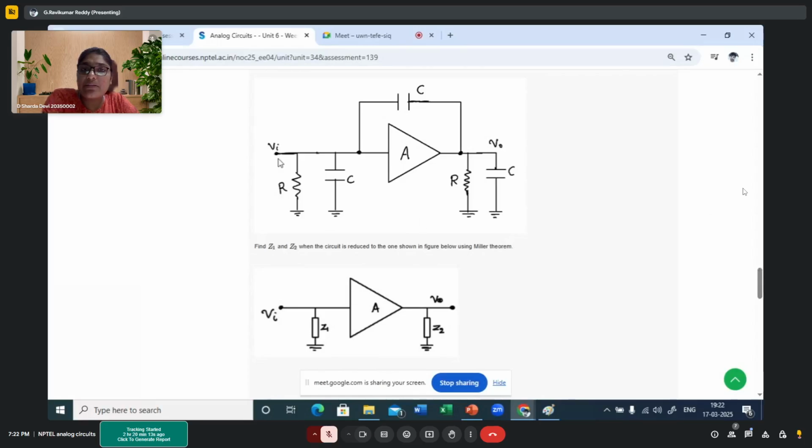As per Miller's theorem, this feedback capacitor at the input side will be C into 1 minus K, where K is V naught by V in, right, madam?